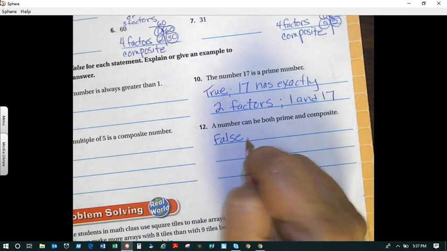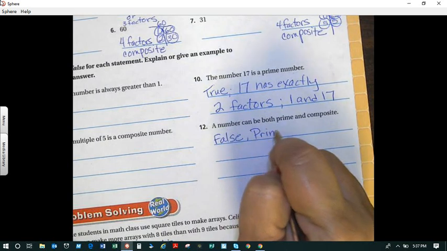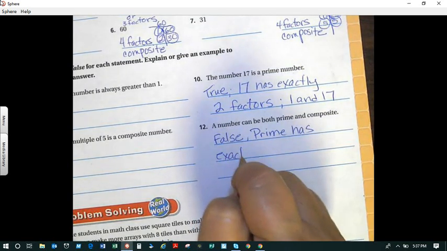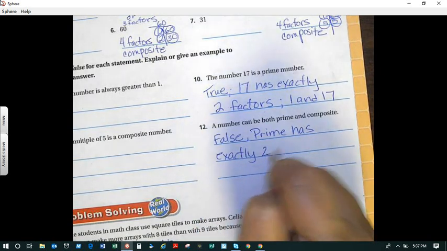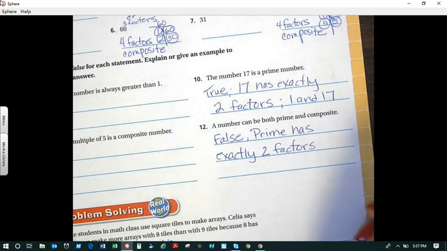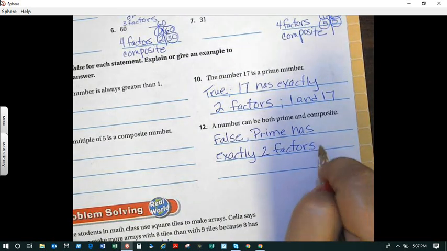Because a prime has exactly 2 factors. That's all it has. Exactly 2 factors.